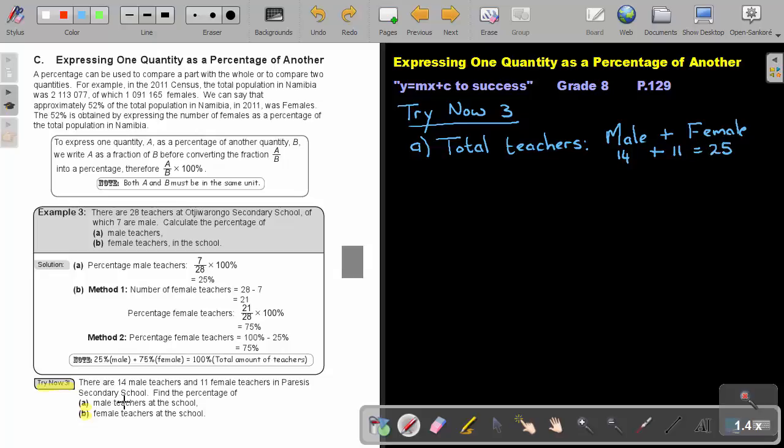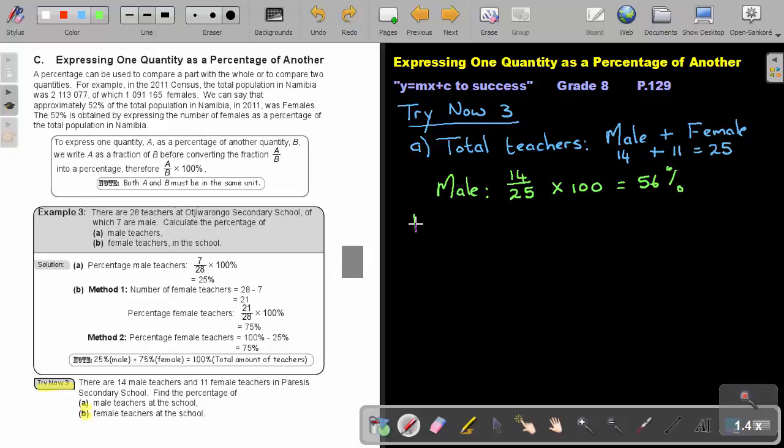So if I want to find the percentage of male teachers, I can just take the male, the 14, make it a fraction out of 25, and just times with 100. And that will give me an answer of 56%. So that is the percentage of male teachers.